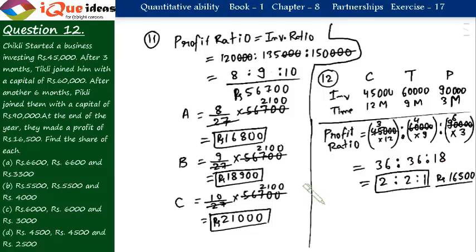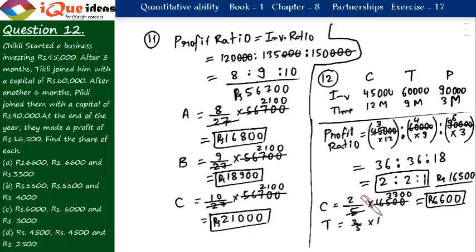So the share of Chickly would be 2 divided by 2 plus 2 plus 1, that is 5, into 16,500, which is 5 cancels 16,500 3,300 times. Alright. So 3,300 into 2, that is 6,600 rupees. Now for Tickly, it is going to be 2 by 5 into 16,500, still the same, that is 6,600.